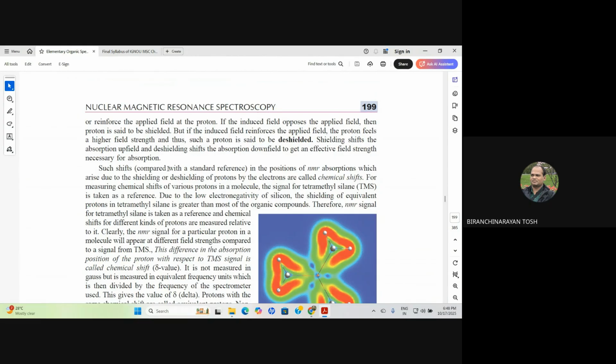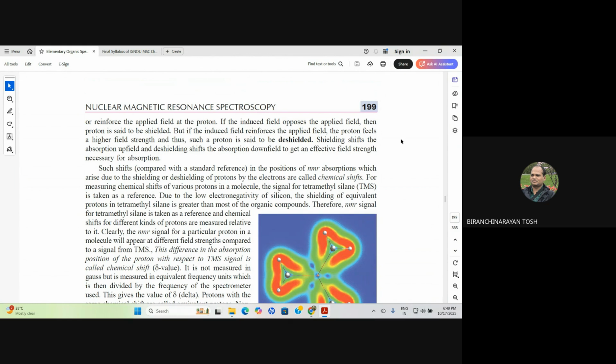These shifts, compared to a standard reference, in the position of NMR absorption, which arise due to shielding or de-shielding of protons by electrons, are called chemical shift. For measuring the chemical shift, we have to take a standard. Here we have taken tetramethylsilane as the reference.